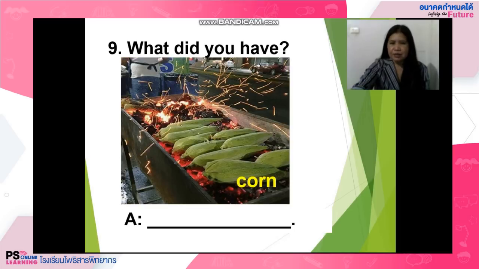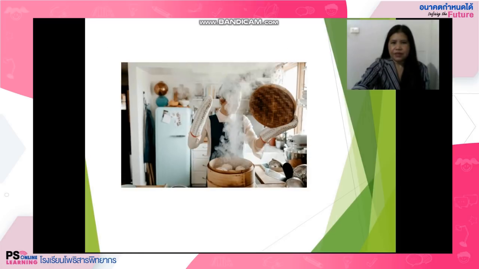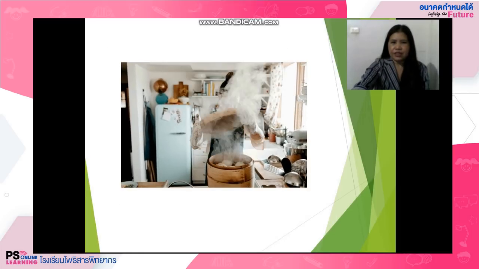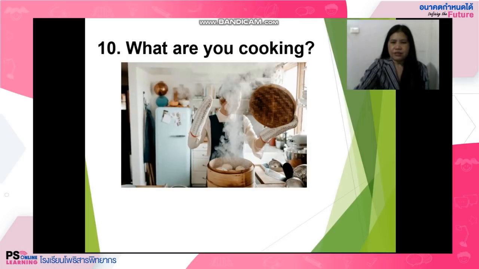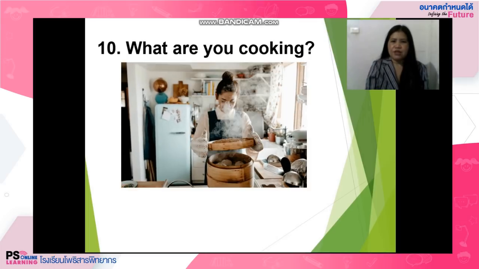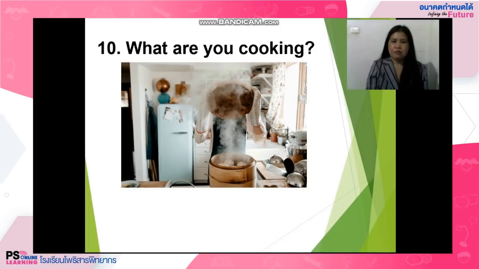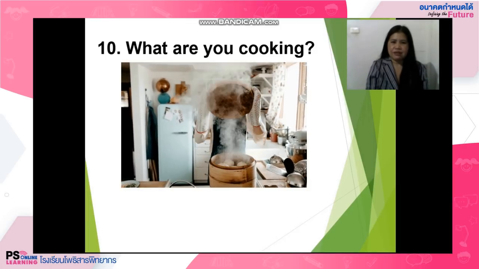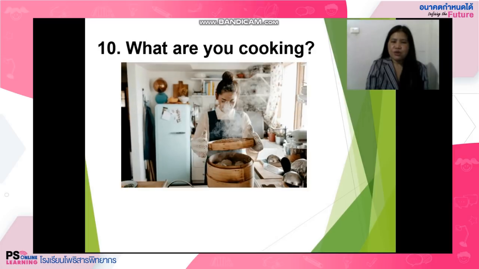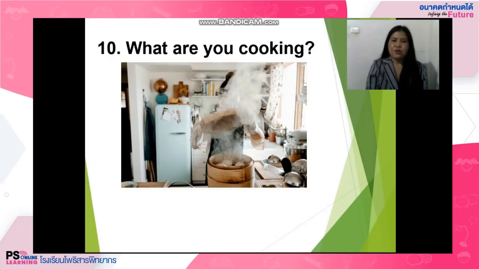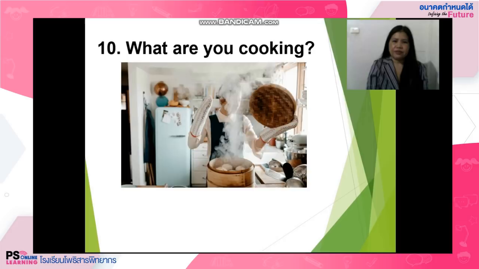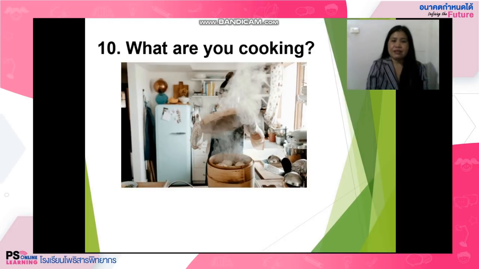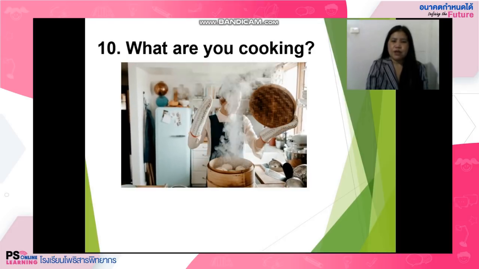And the last one, number 10. Look. Those are buns. B-U-N-S. Okay? Buns. B-U-N-S. What are you cooking? What are you cooking? Okay, the name of that item is buns.